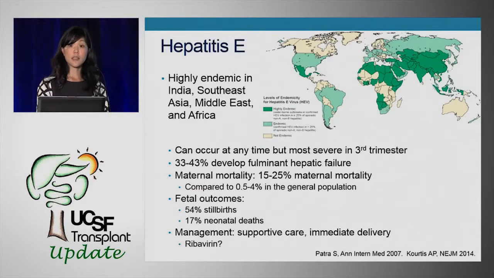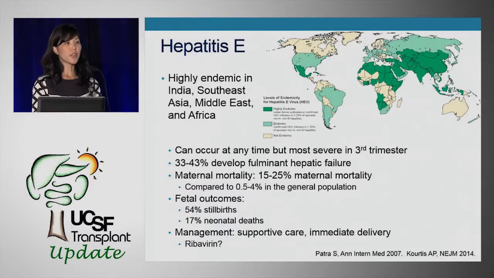One should consider the use of ribavirin if you see a woman who is developing severe liver injury or fulminant hepatic failure in her 3rd trimester of pregnancy, because there will probably be very little overlap between when you give ribavirin and when the patient is scheduled for delivery, because delivery has to be emergent. One also has to consider whether there are significant risks of teratogenicity if given during the 3rd trimester for a very short period of time.